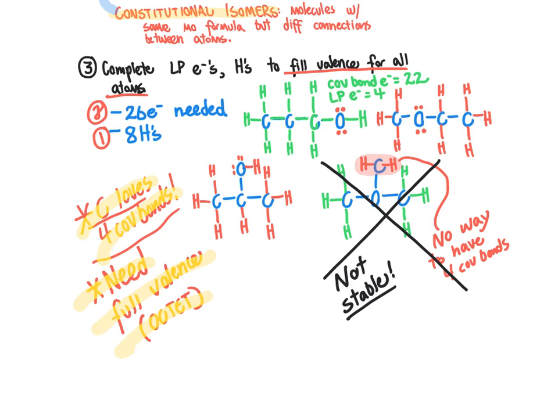So our lone pairs here we're showing as dots. Our lines are represented as our covalent bonds. So that's our overview of drawing Lewis structures, one of the ways that we go about showing structures for organic molecules. And it'll be one way that we can show the different constitutional isomers that are possible, the different ways of arranging atoms based on the molecular formula that we are given for those.